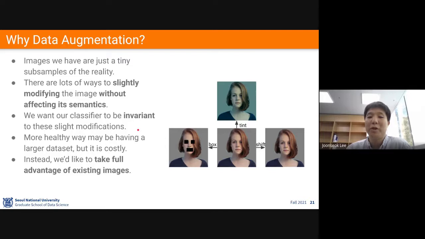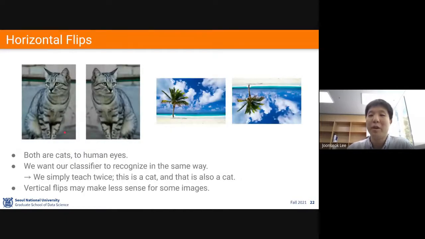So we would like to take full advantage of our existing data sets. And I'm going to show some examples of data augmentation, with which you can obtain some additional data points, images, for free. Suppose you have this cat in your data set, and your task is training some image recognition model.